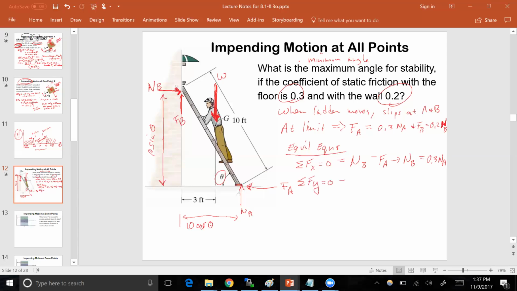The sum of the Fy's equals 0 is going to be, well, you're going to have an Na going up. You're going to have an Fb going up. And you're going to have a W going down.